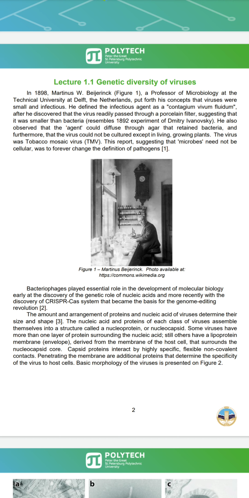He defined the infectious agents as a contagium vivum fluidum. It was small, and he discovered that the virus readily passes through a porcelain filter, suggesting that it was smaller than bacteria.